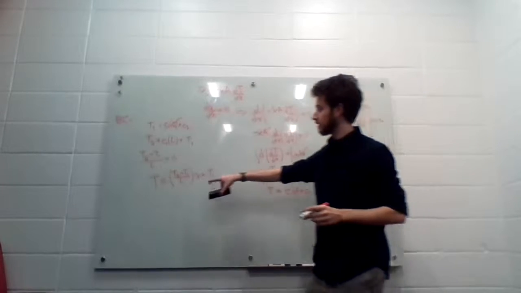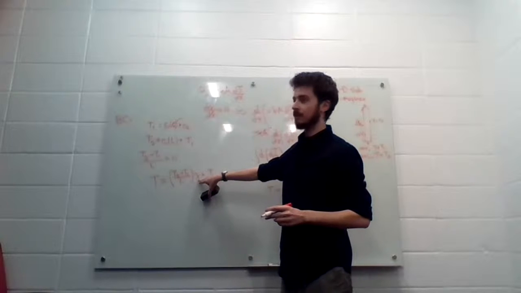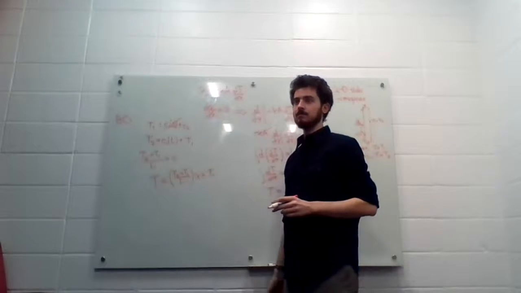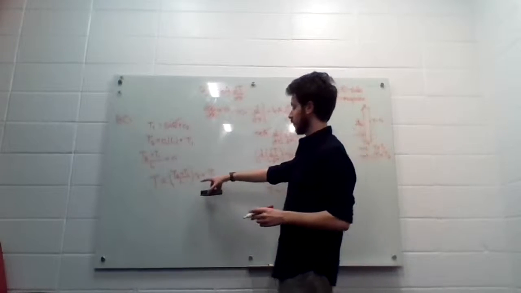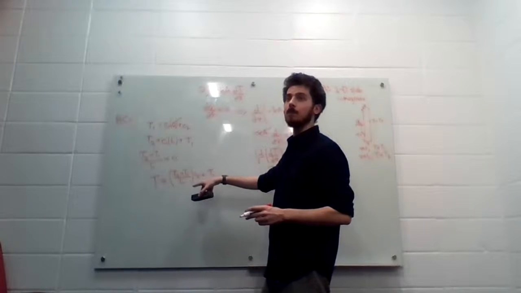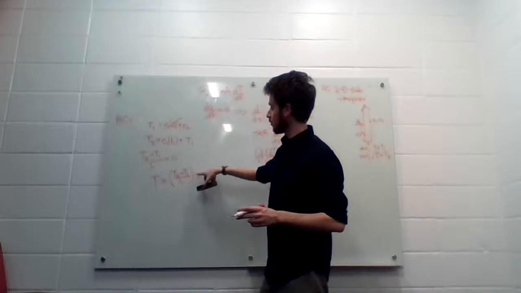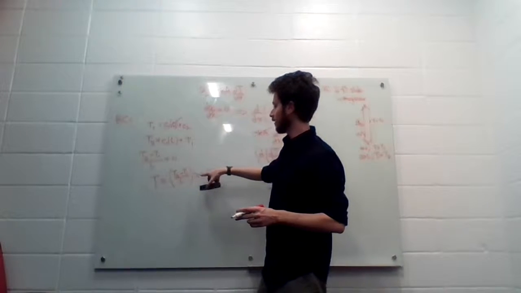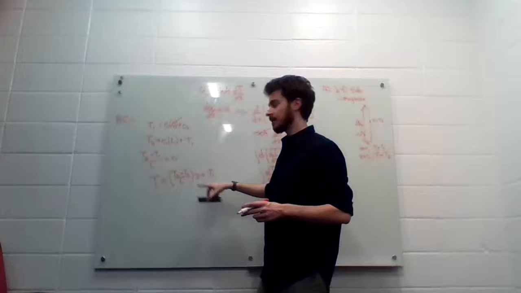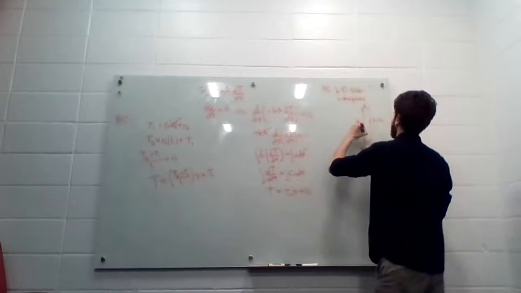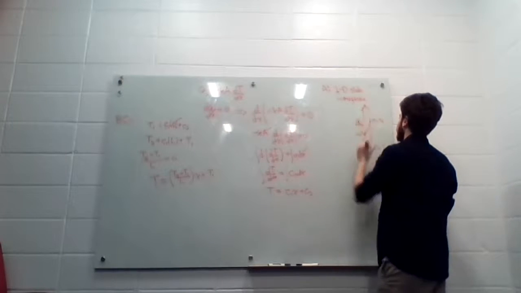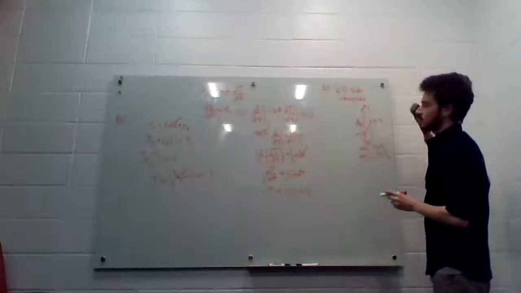It increases linearly as you move from x equals 0 to x equals L. When you plug in L here, these two cancel out, and you've got T2 minus T1 plus T1, the T1s cancel out, and you just get T2. So it just changes linearly from T1 to T2.